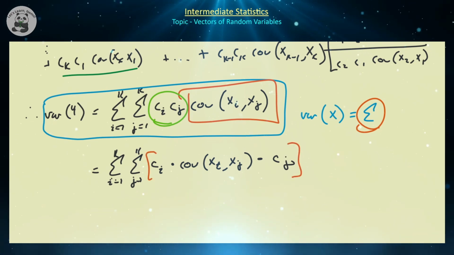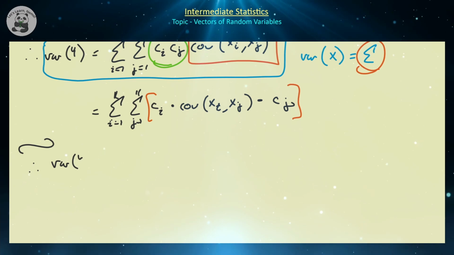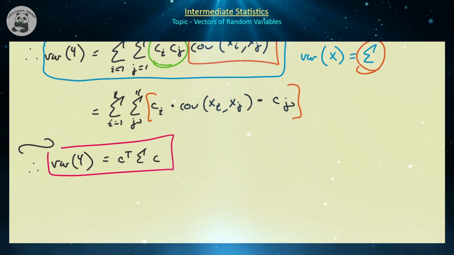And this representation, although equivalent, will make the next step more useful, because you should be able to verify with some basic matrix algebra that the variance of y can actually just be represented as C transpose times sigma times C.